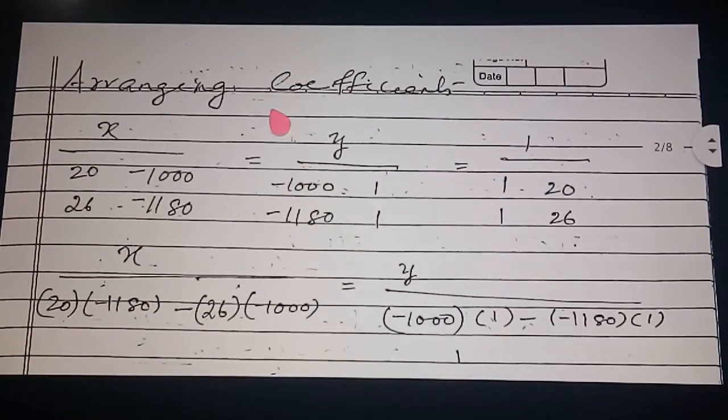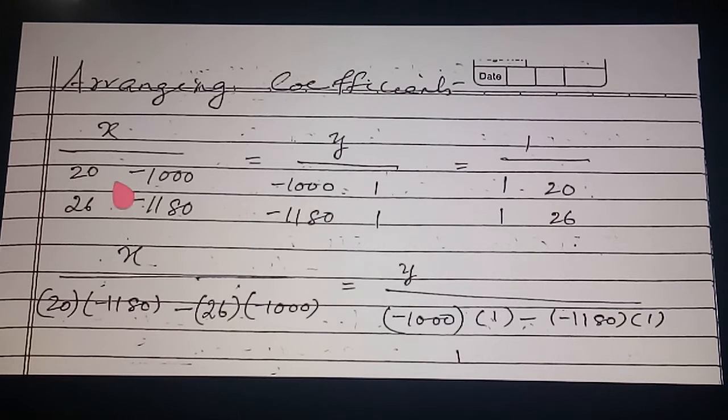All of you know how to arrange the coefficients. x upon: here this is the coefficient of y and this is the constant term. y upon: this is the constant term and this is the coefficient of x. And 1 upon: the x coefficients and y coefficients. Several times we explained this, so you should get it perfect.